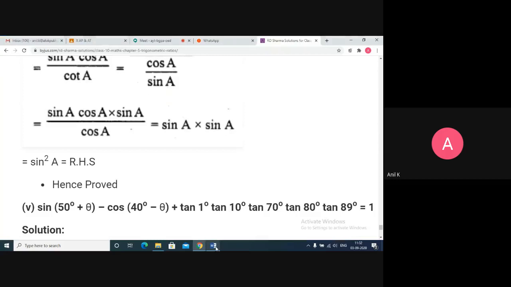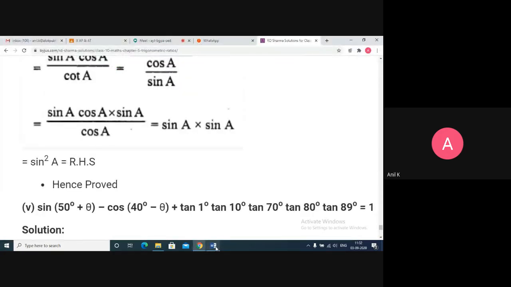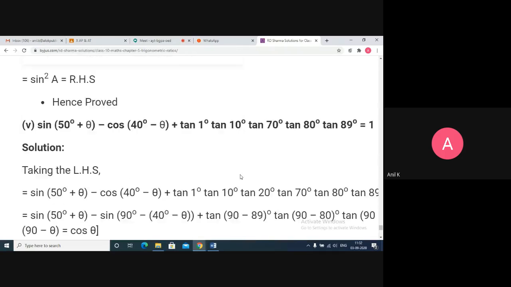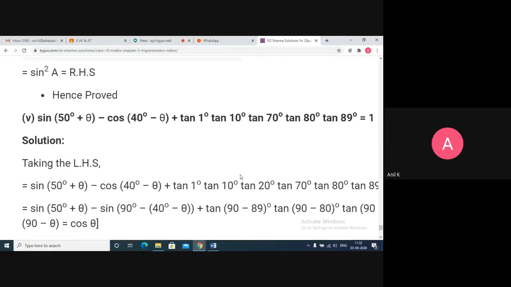Yes, is that right? Here also minus, here also minus. 110 should not be 70. If it is 70, we cannot solve it. Just let me check. Yeah, one thing is missing here.